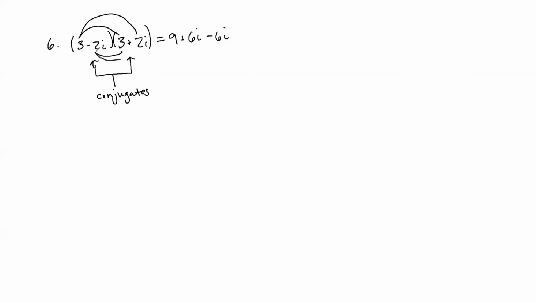And negative 2i times 2i, negative 2 times 2 is negative 4. i times i is i squared. Now let's combine and simplify. So 6i minus 6i, those guys cancel out, which is exactly what happened when we worked with radicals. The middle terms cancel.